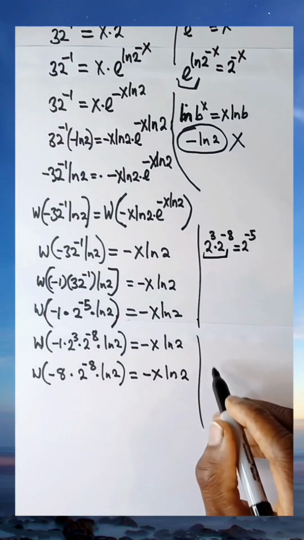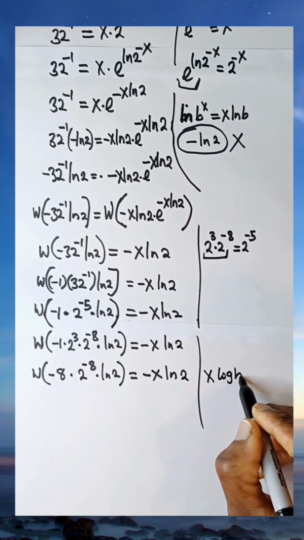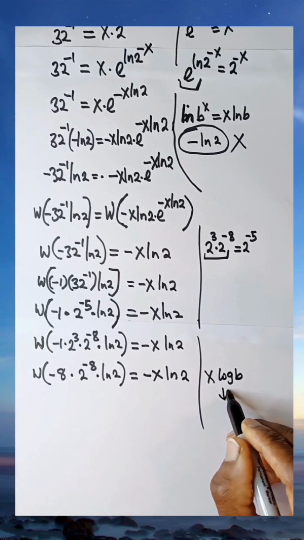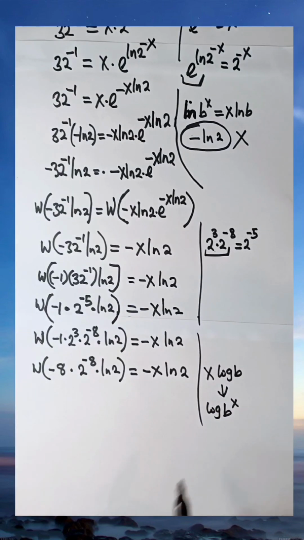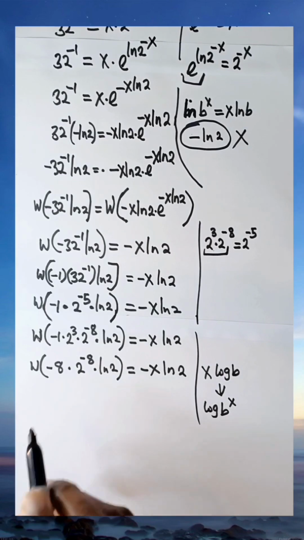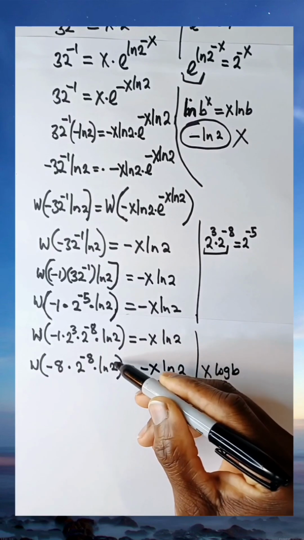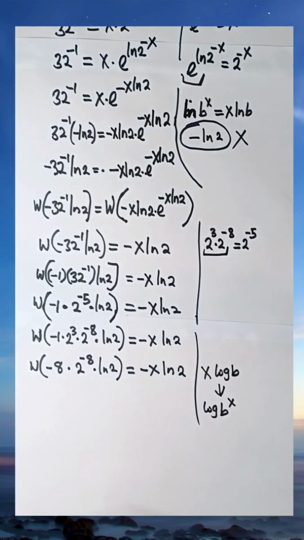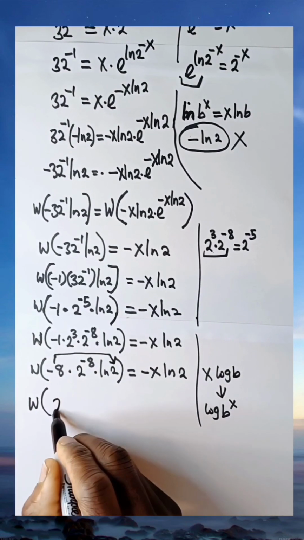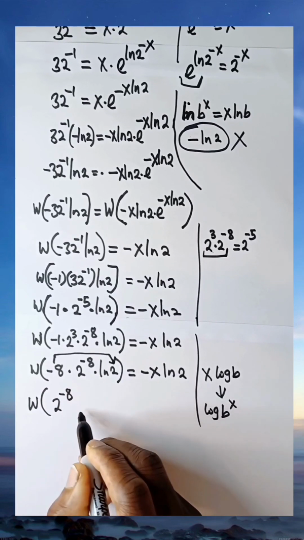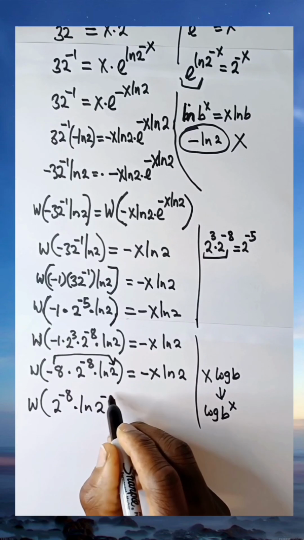Now let's consider this rule. If we have x times log b, this is the same thing as log b raised to the power of x. We are going to apply this rule here. What is going to happen is that we are going to take this minus 8 to become an exponent of the natural log of 2. Okay, so we will have the Lambert W of 2 raised to the power of minus 8 times the natural log of 2 raised to the power of minus 8.